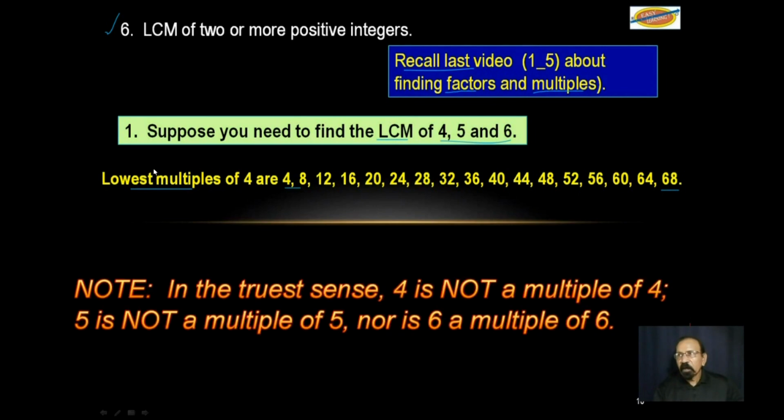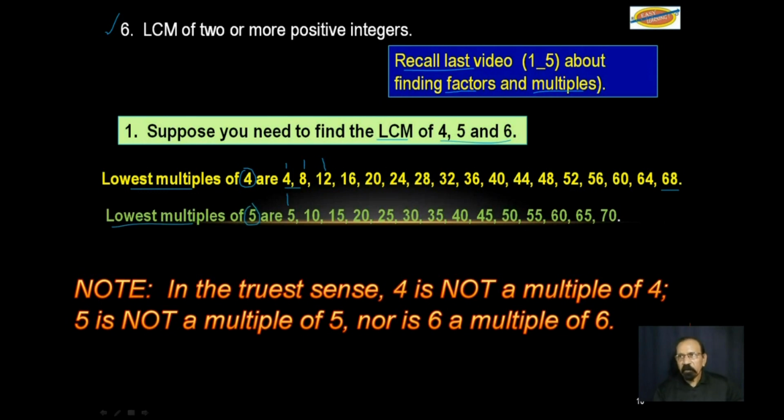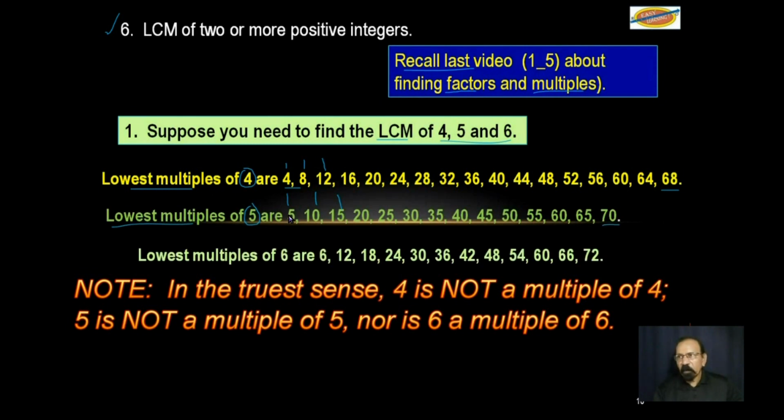So lowest multiples of 4 are 4, 8, 12, and so on. The lowest multiples of 5 are 5, 10, 15, and so on. And the lowest multiples of 6 are 6, 12, 18, 24, 30, and so on.